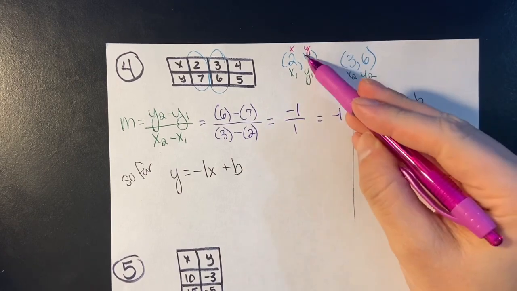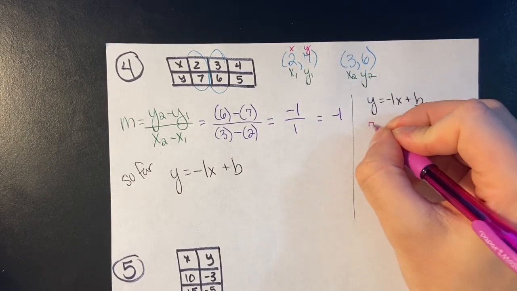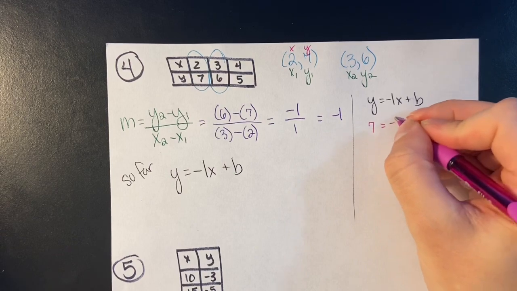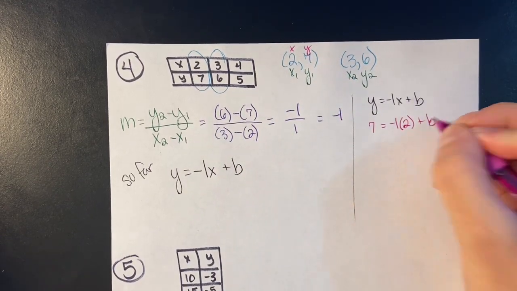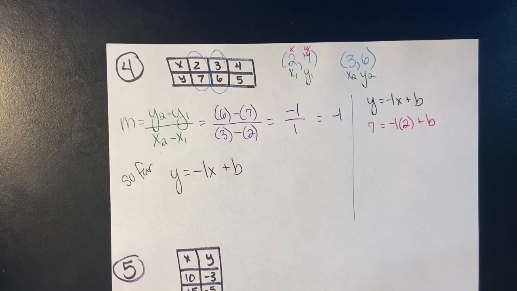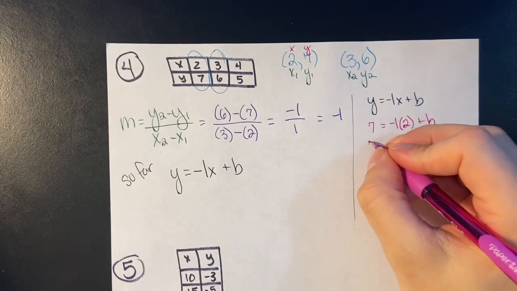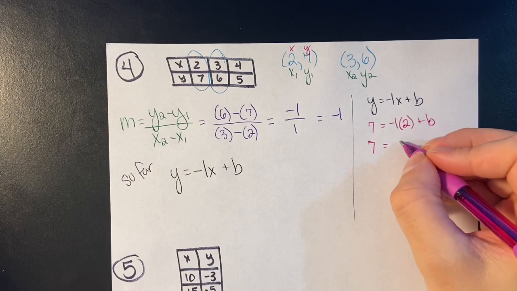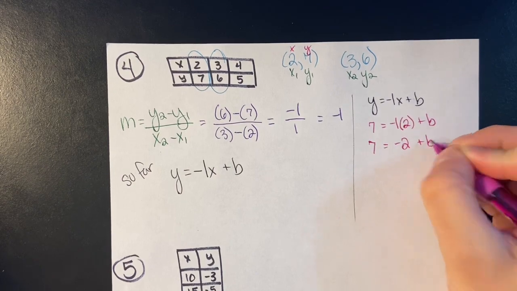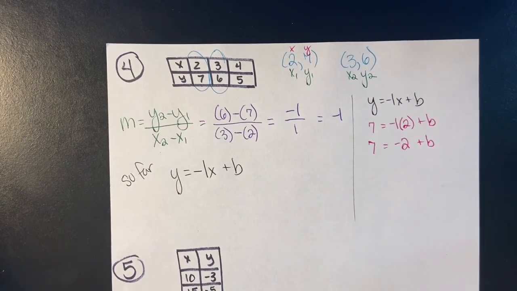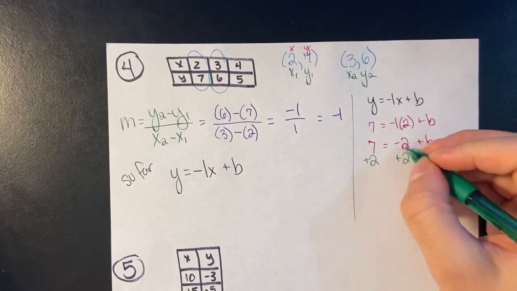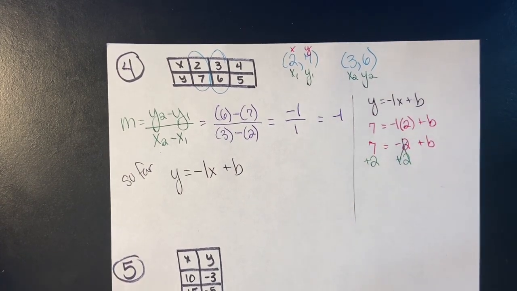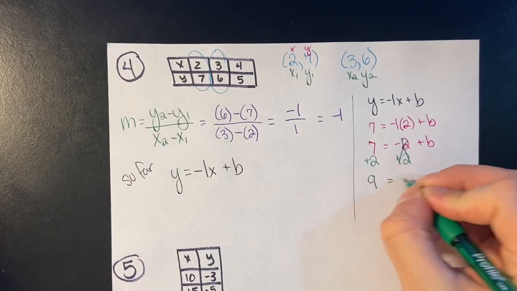So y, I called 7, so 7 equals negative 1 times, I called 2, plus b. 7 equals negative 1 times 2, which is negative 2, plus b. Add 2 to both sides. And b equals 9.